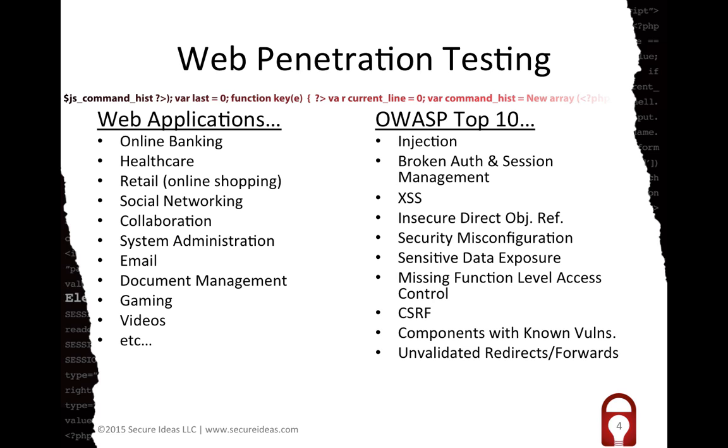They're in every vertical. On the left-hand side of this particular slide, I have a listing of various different places where you're going to find them. Everything's in a web application, right? It's become the de facto technology for a lot of what we do to communicate with each other.